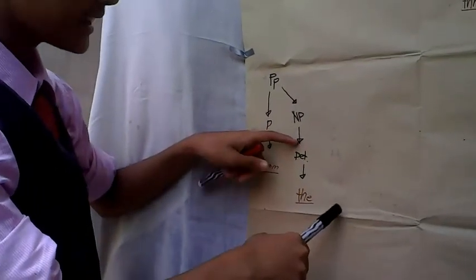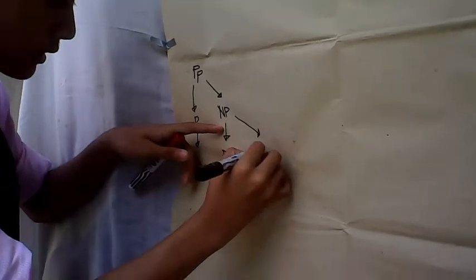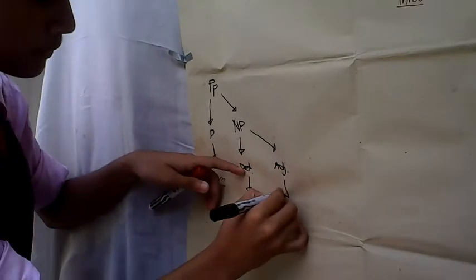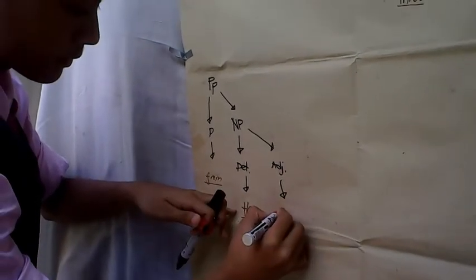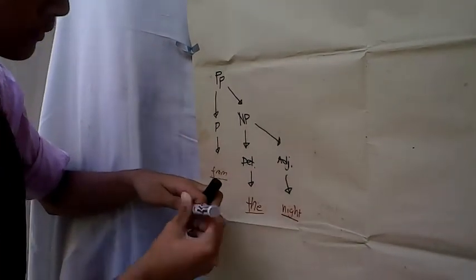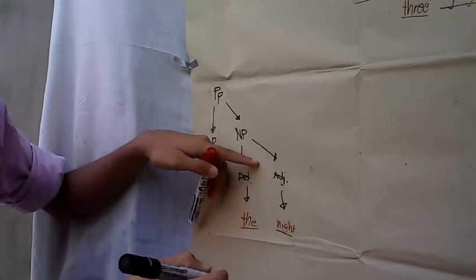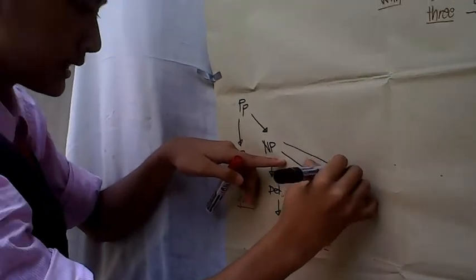The next word is night. Night is an adjective. And the last word on the noun phrase is the club. It is a noun.